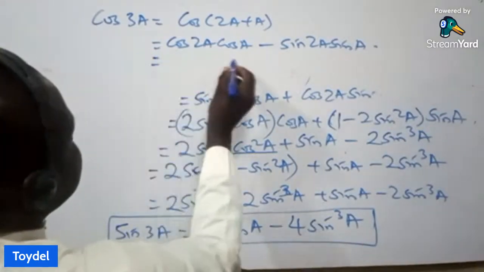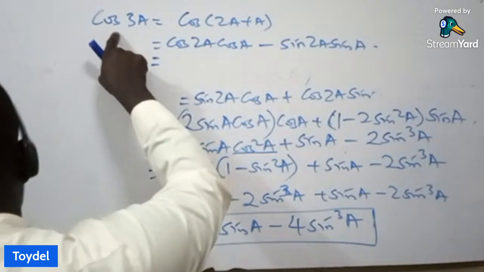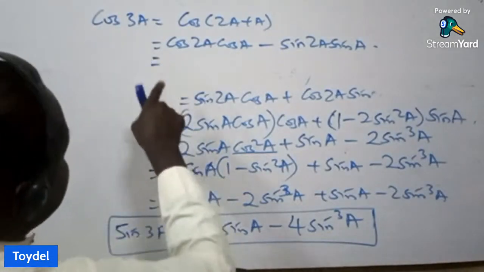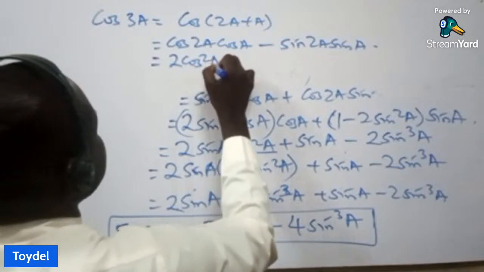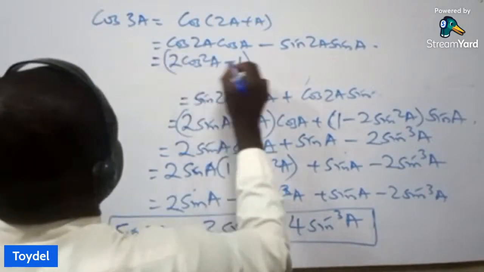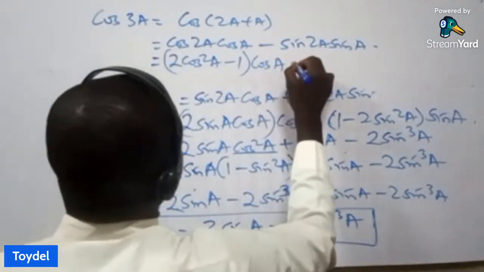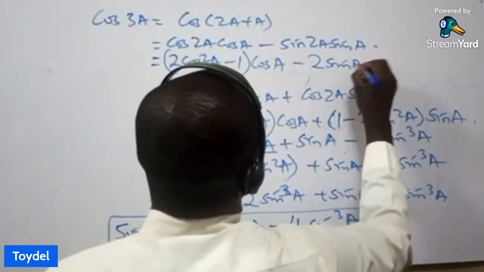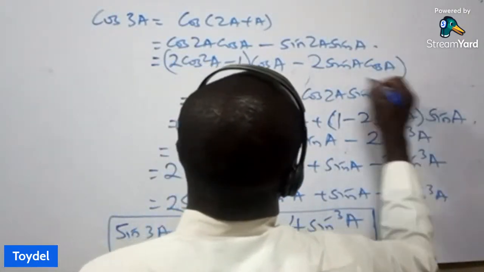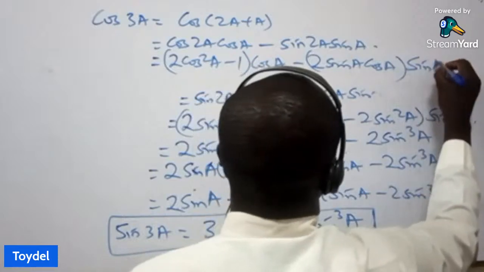Then if you expand this, cos 2A is cos now, so we are going to rewrite this in form of cos. Cos 2A can be given as 2 cos square A minus 1. That will be the expression for cos. Then minus sine 2A, which is 2 sine A cos A, then everything multiplied by sine A.